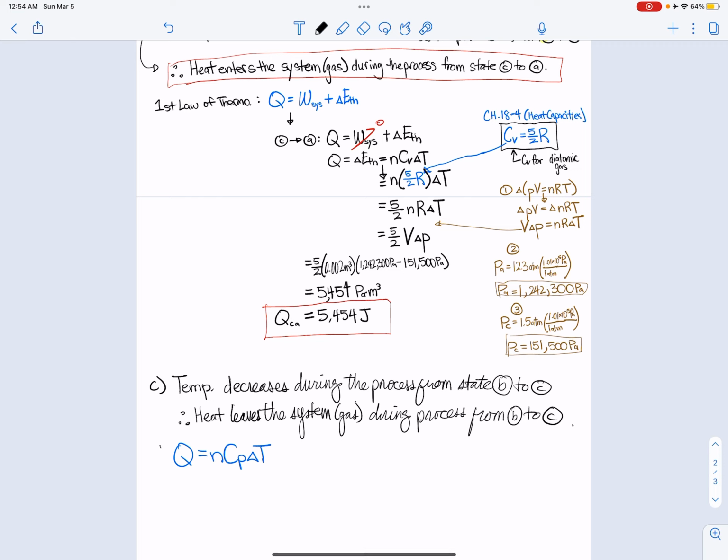I should state that this is only true for an isobaric process, so only when you're dealing with constant pressure. If you're dealing with an isothermal or isochoric process, you can't apply this formula. This is only true for an isobaric process.